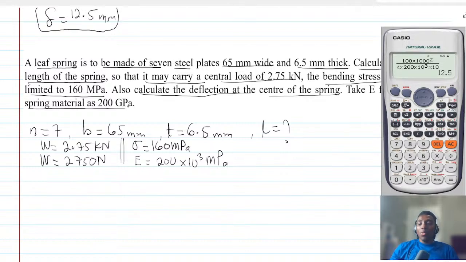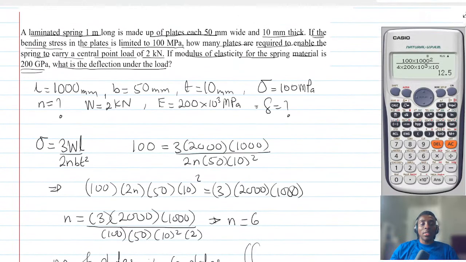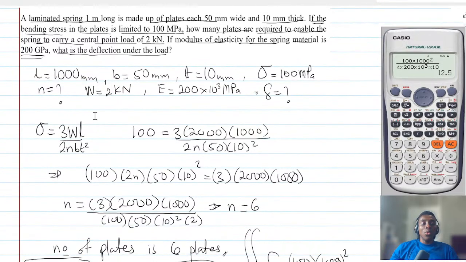So we want the length. So you see, there was an equation which we were using earlier on. So we will just use this equation, which has the stress and everything, and then we just solve for the length.